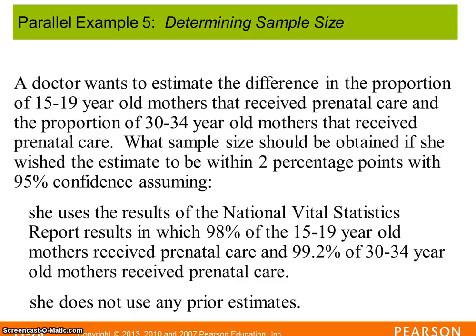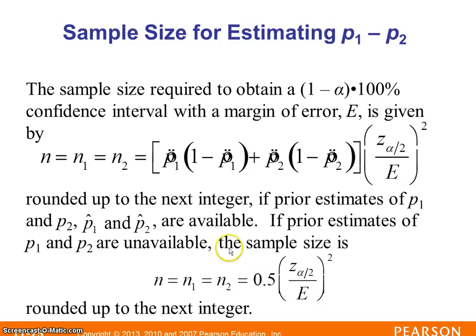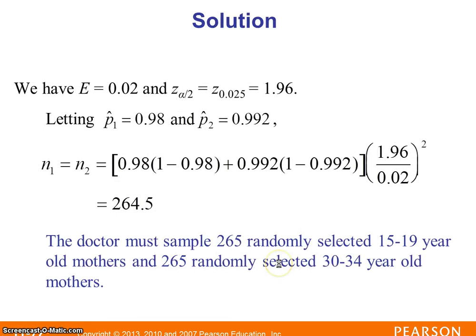The question is, what sample size should the physician use if she wants to be within 2 percentage points with a 95% confidence interval, assuming that she uses the results of the National Vital Statistics Report, in which 98% of 15 to 19-year-old mothers receive prenatal care, and 99.2% of 30 to 34-year-old mothers receive prenatal care. And she does not use any prior estimates. So since she's not using prior estimates in this case, she'd want to use this formula, not the other one.